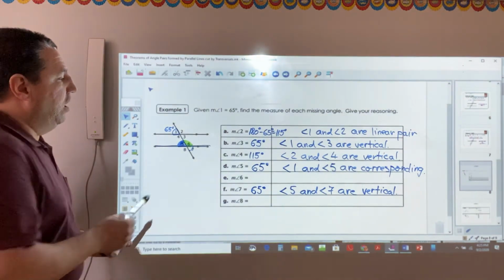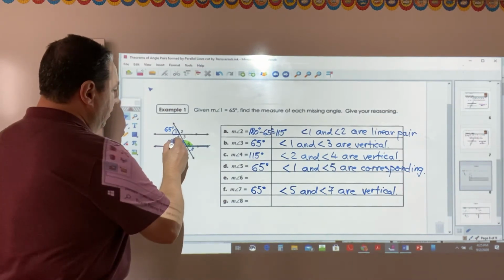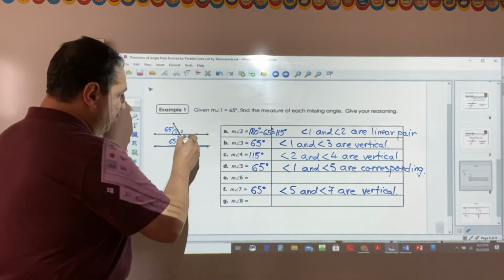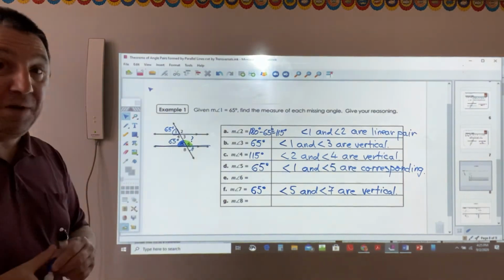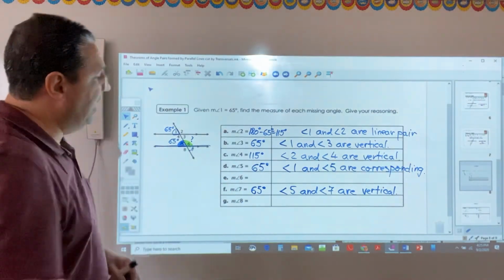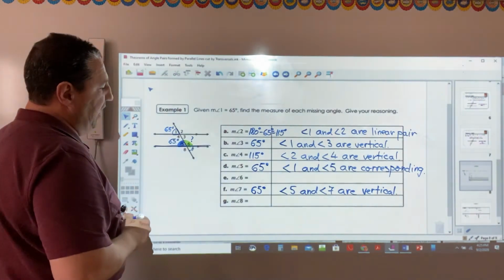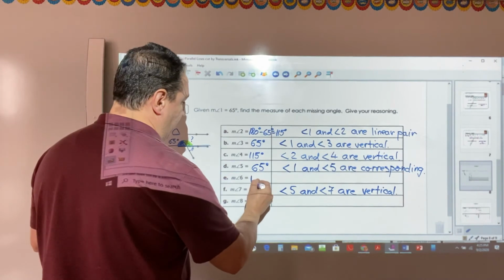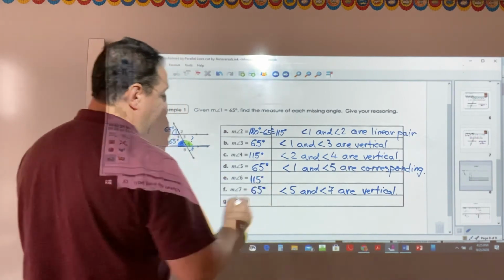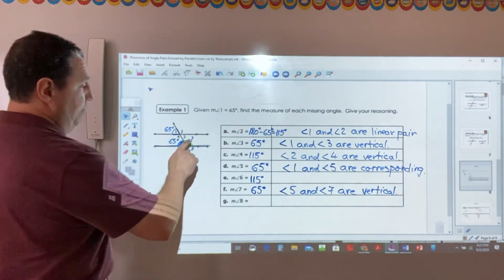So, we know this one is 65. To find the question mark, we simply subtract 65 from 180, the total. And we can say angle 6 equals 115 degrees.